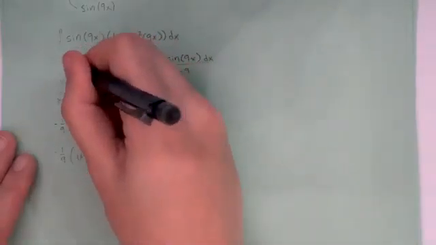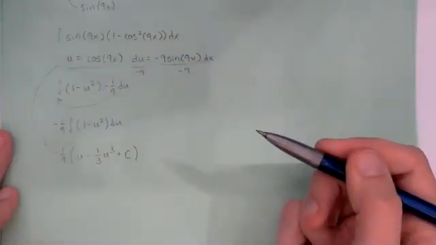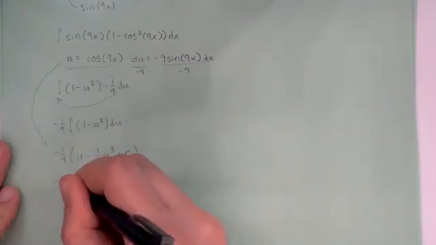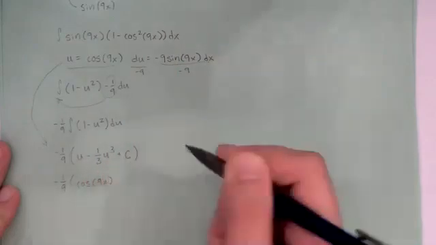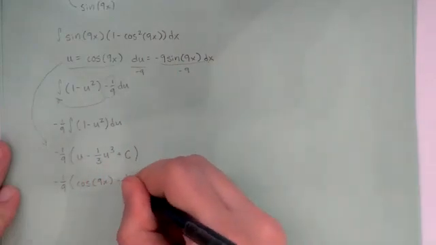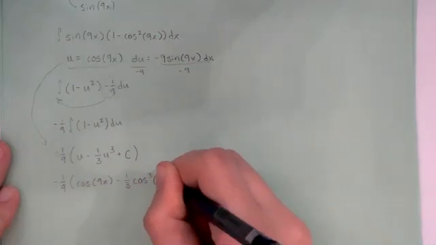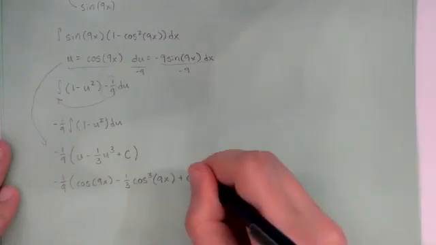We can take u equal to cosine of 9x and plug it down. That becomes negative 1/9 of cosine of 9x minus 1/3 cosine cubed of 9x plus c.